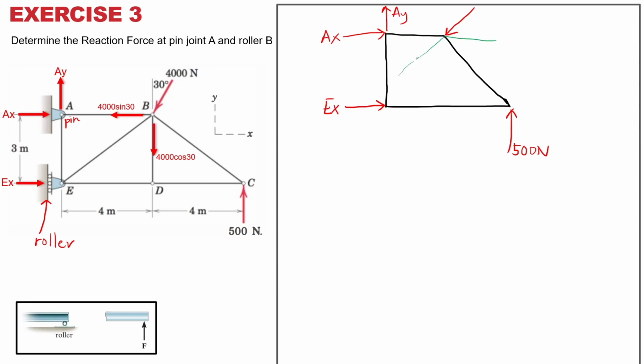So make sure your angles are correct. That is 30 degrees over there. When you transfer the 30 degrees, you have to transfer it properly lah. 30 degrees is opposite of the angles. Now you can transfer. This is your 4,000 Newton.